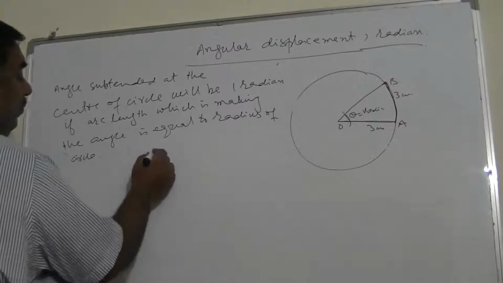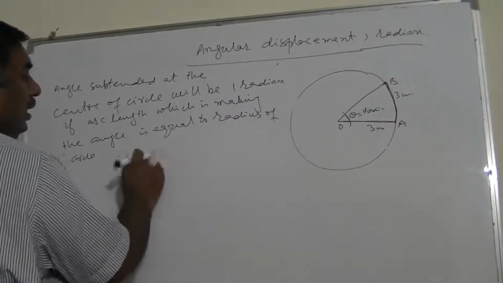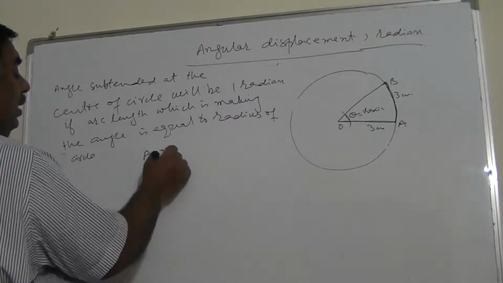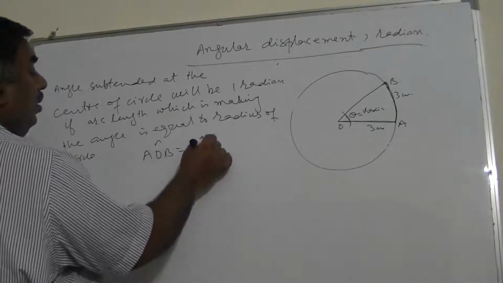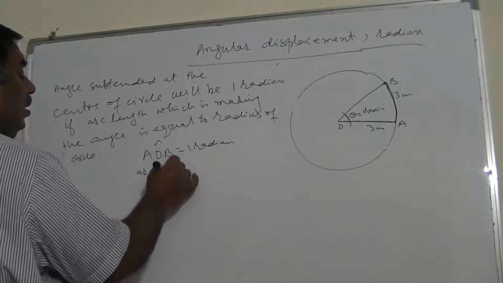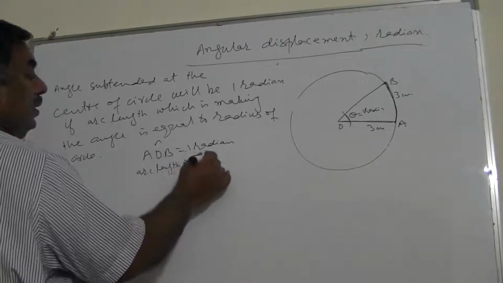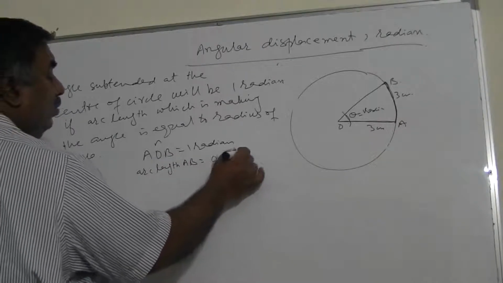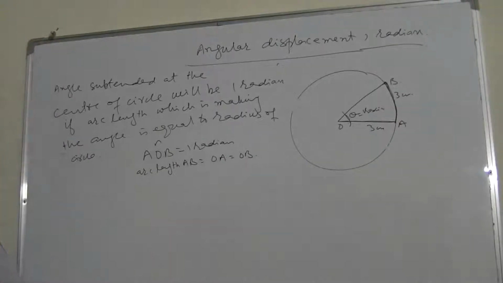Or I can say if angle AOB is 1 radian, then arc length AB is equal to radius OA or OB. That's the definition of 1 radian.